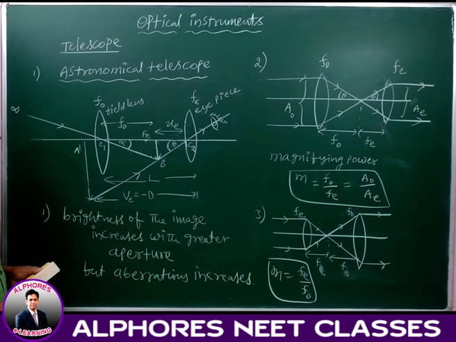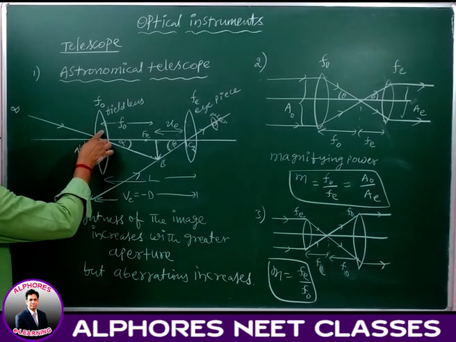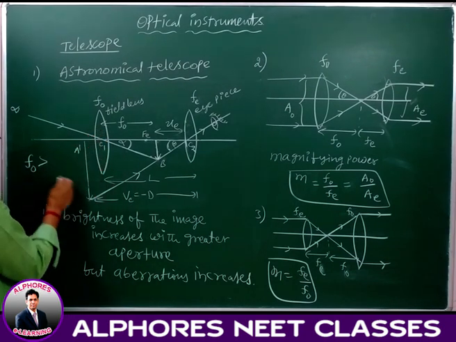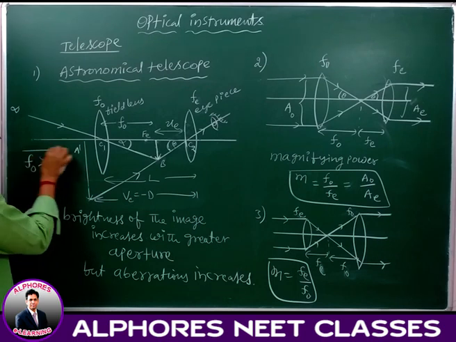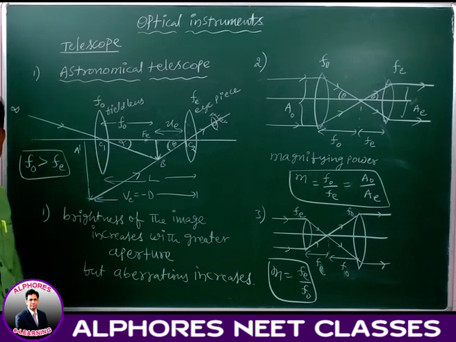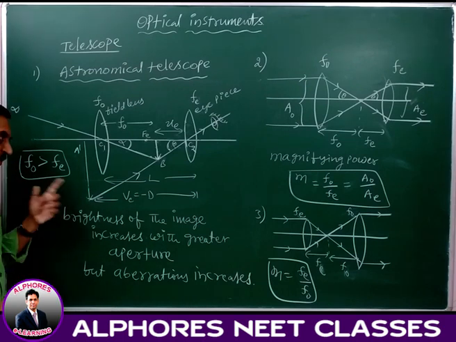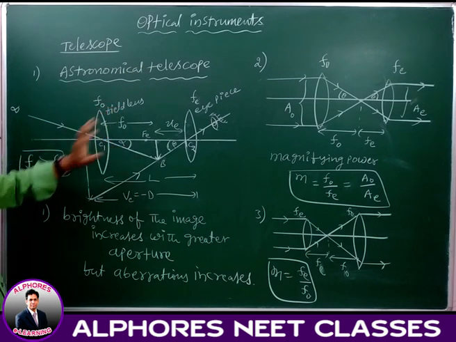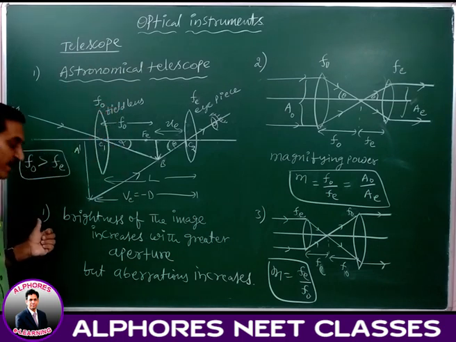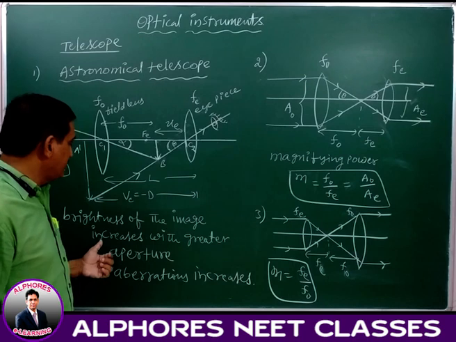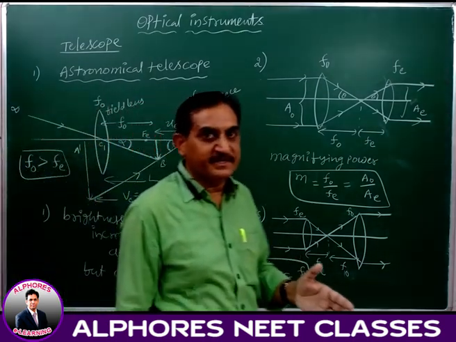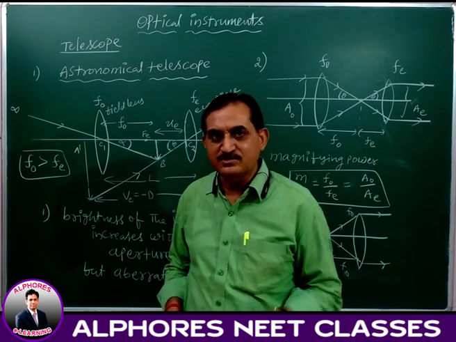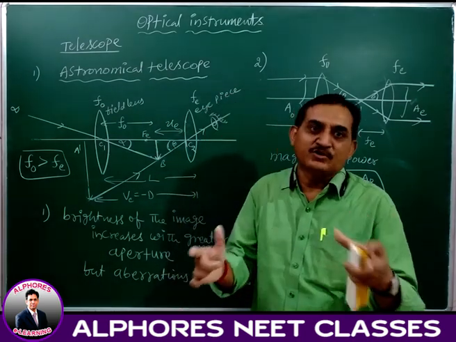So in an astronomical telescope, the objective lens, that is the field lens, has greater focal length and greater aperture. What is the use of the greater aperture of the field lens? Point number 1, the brightness of the image increases when we use a greater aperture, because the field lens collects a greater amount of light rays.